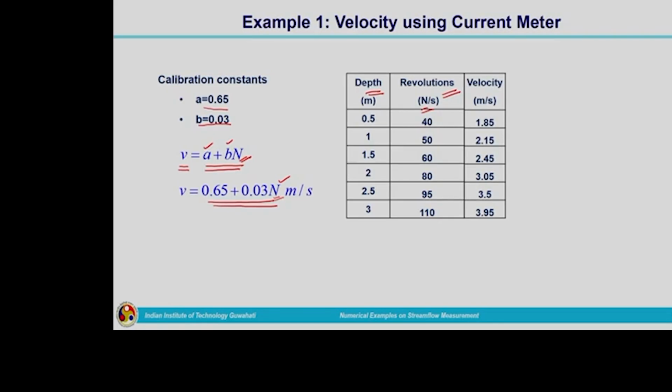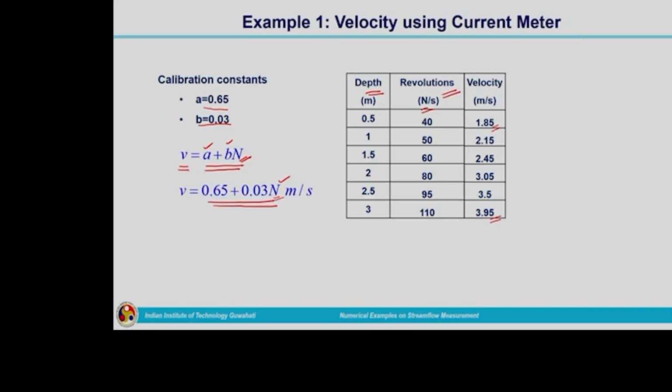Those values have been calculated and listed in this column. The velocity corresponding to 0.5 meter comes out to be 1.85 meters per second, and in that way we have calculated for all the depths up to 3 meters. At 3 meters it was calculated as 3.95 meters per second.